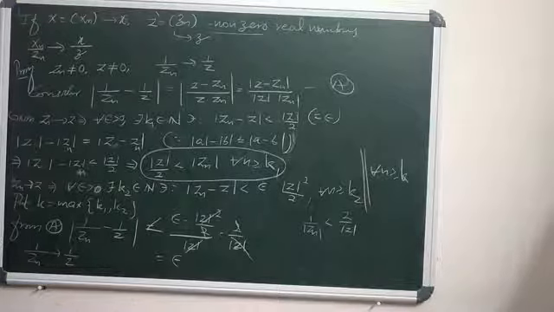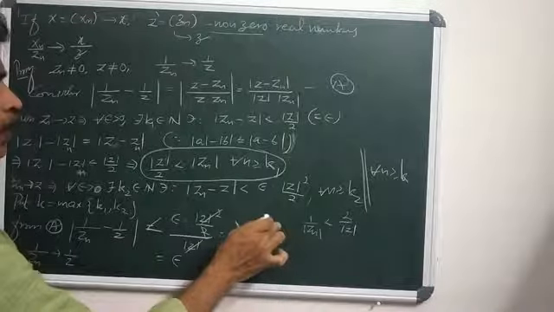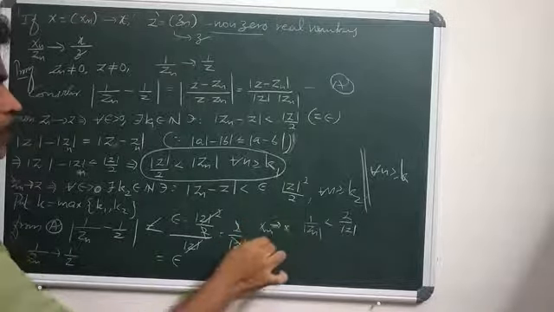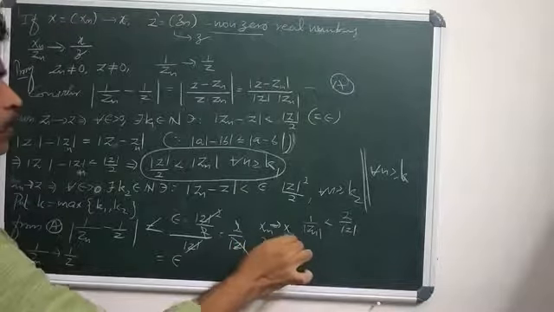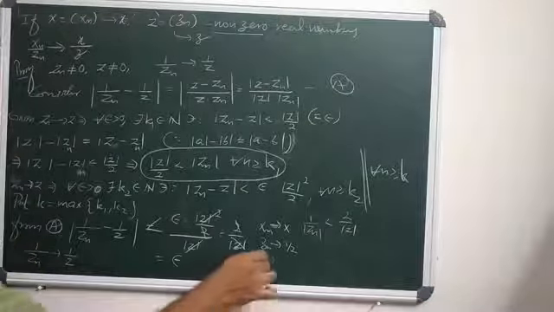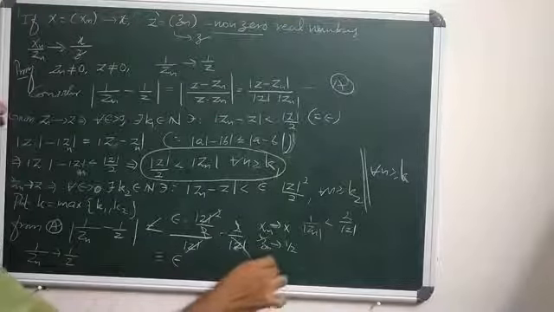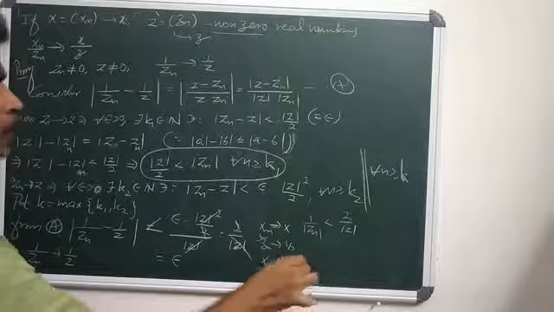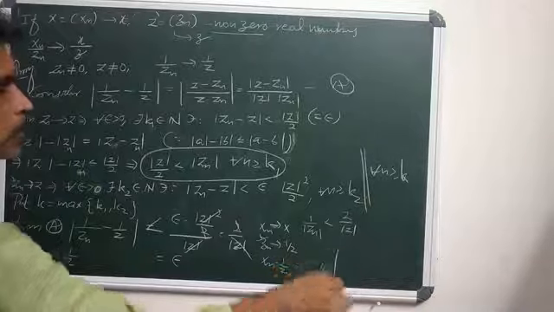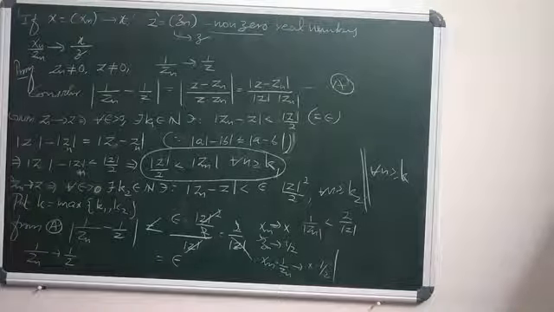Now we have xn converges to x and 1 by zn converges to 1 by z. Therefore xn into 1 by zn converges to x into 1 by z. Why? Because when xn converges to x and yn converges to y, xn yn converges to xy.